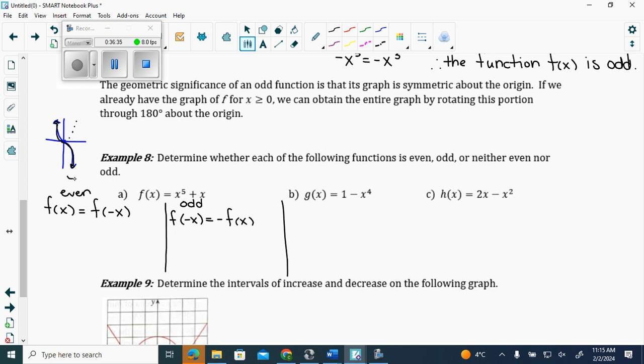All right, let's check for even. So even means I need to plug this in. Well, f of x is easy. It's literally just that, correct? So I'm going to get x to the 5 plus x. And then I need to find f of negative x, which just means I put negative x in there. So I'm going to get negative x to the 5 plus, and then instead of x, I have negative x.